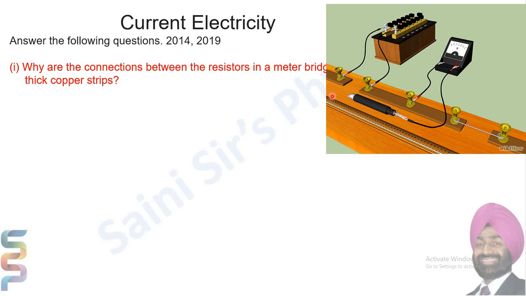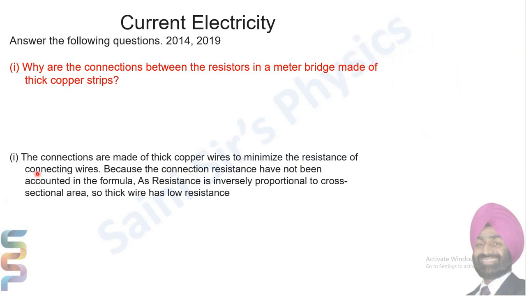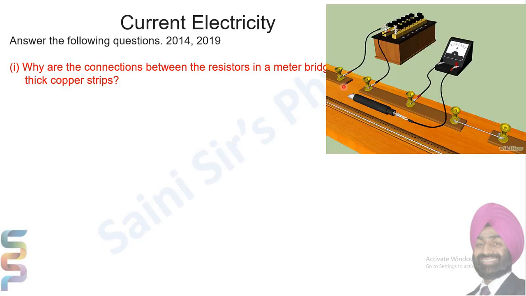So the question is, why are these connecting portions made up of thick copper strips? The answer is very simple. We need a resistance here, the resistance of the wire which was divided into two resistances through the jockey, P and Q.